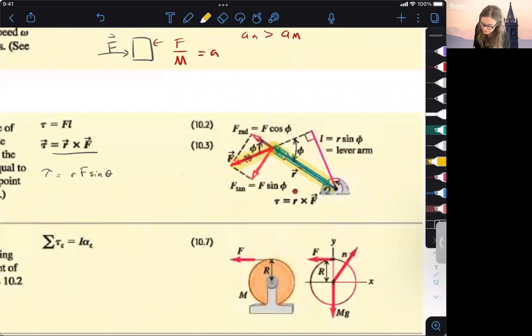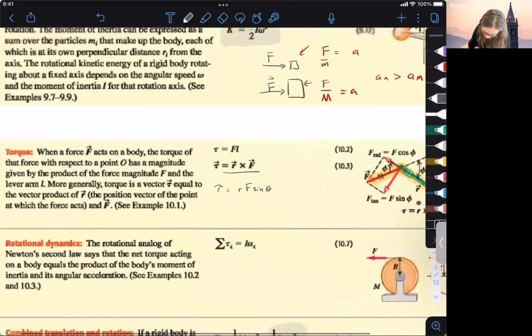What I want to do when I take my cross product is lay my pinky finger along the direction of this first vector, this r vector. My wrist is at the nexus where these two vectors meet. So pinky finger along r, then I sweep my hand toward F, and my thumb is going to be in the direction of the torque.